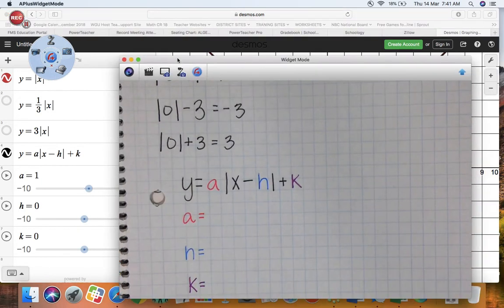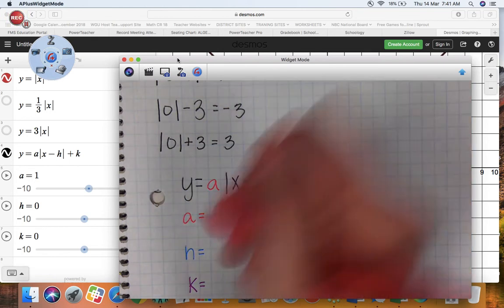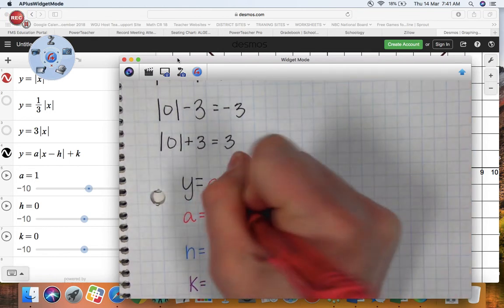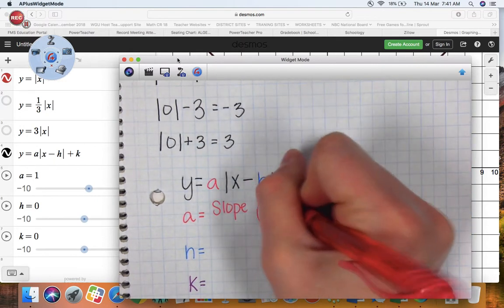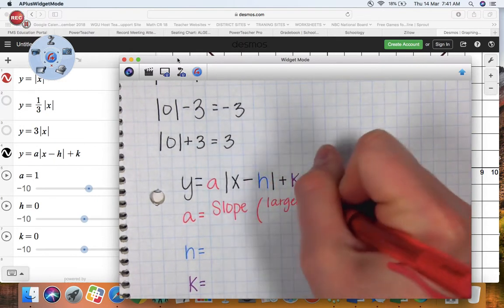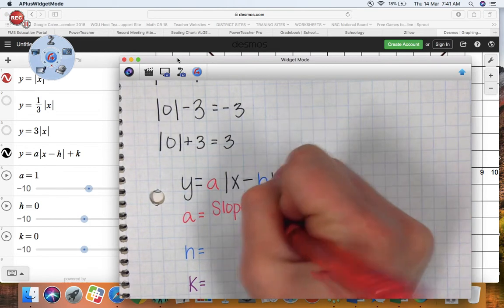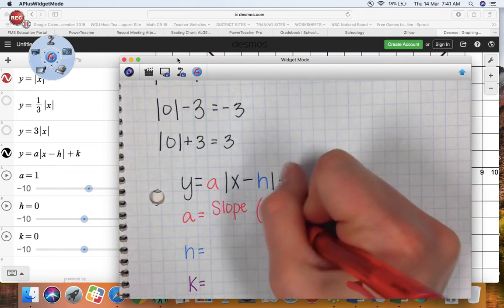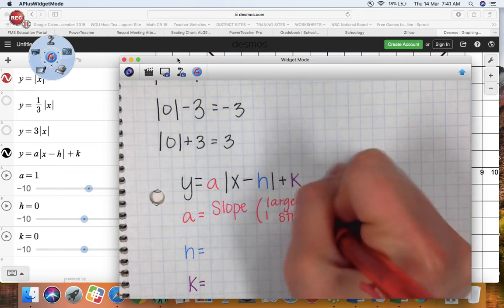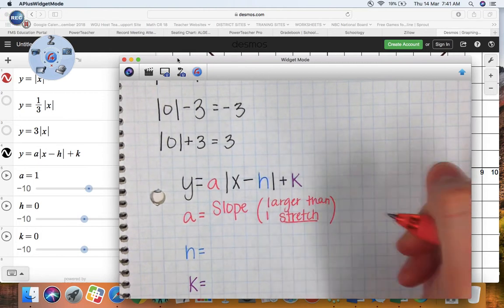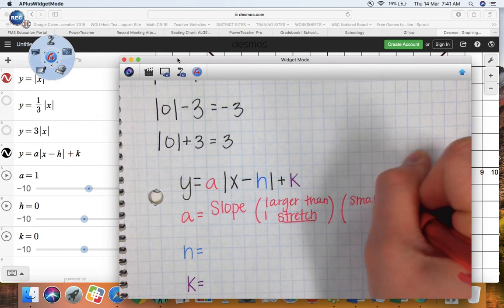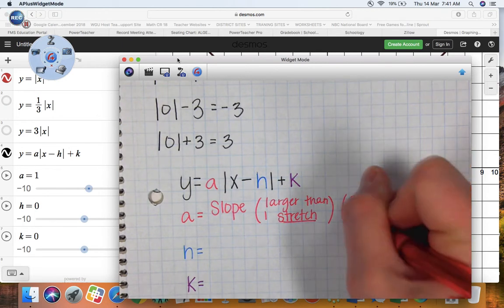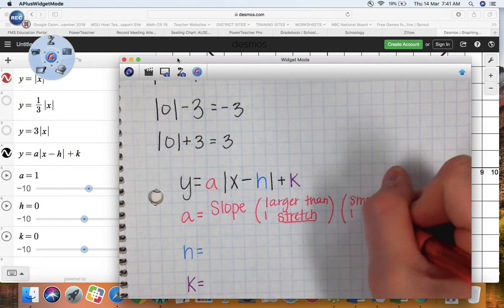So the A value, we're going to call that the slope. If it's larger than 1, we call it stretch. If it's smaller than 1, it's a compress.